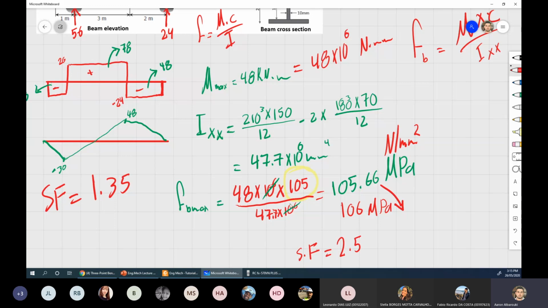What shall I do here? So he's asking me what yield strength.